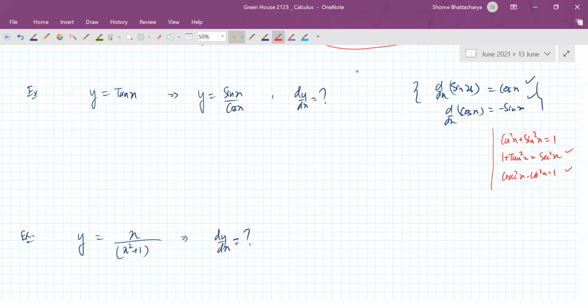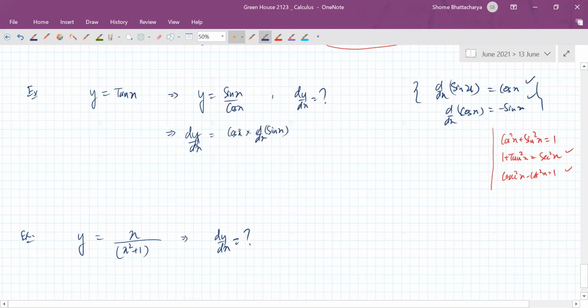So for the tan x question, the answer was sec square x, right? Yes, the answer is sec square x. So you can prove it like this: dy by dx is denominator into differentiation of numerator, minus numerator into differentiation of denominator, divided by whole square of the denominator.